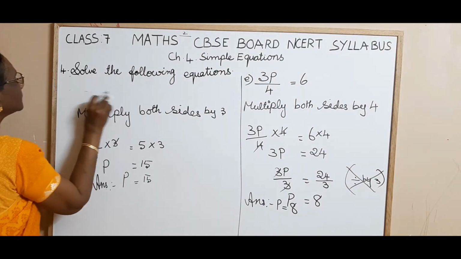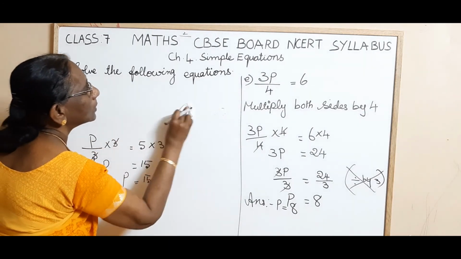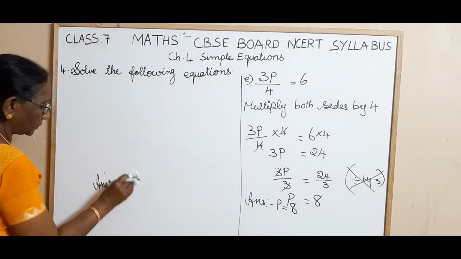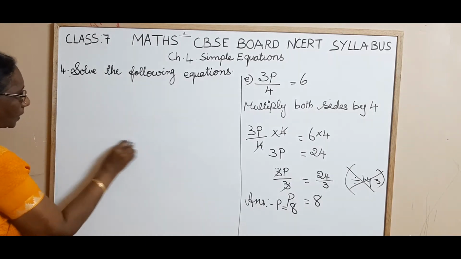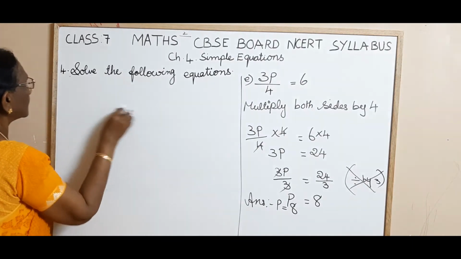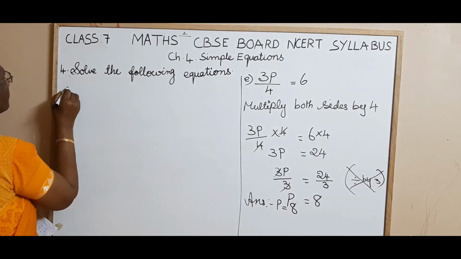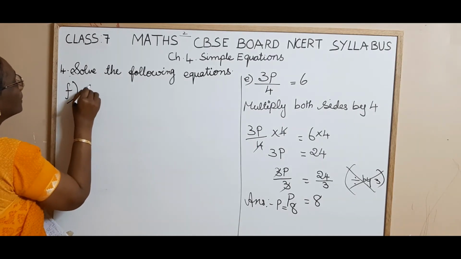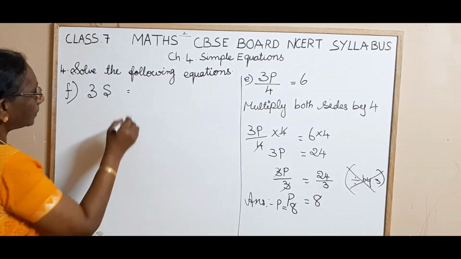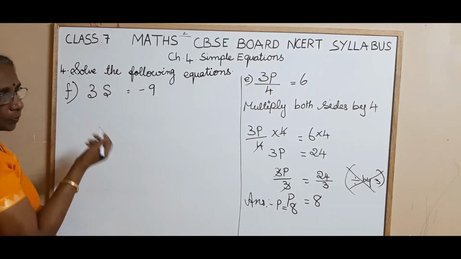Next is F. 3s is equal to minus 9. So here it is multiplication. What should you do?